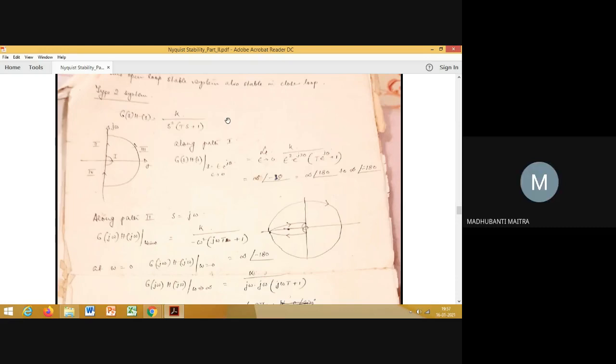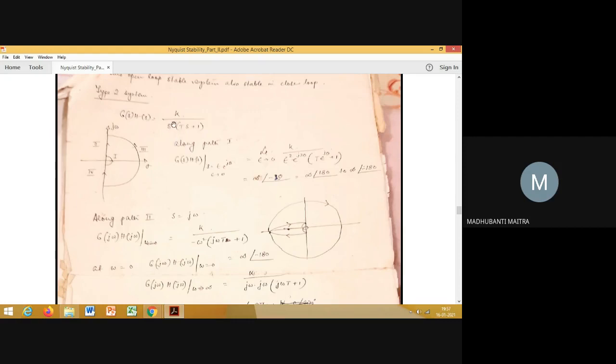Yes, ma'am. Write. So G j omega H j omega will be equal to K by j omega into j omega within bracket T j omega plus 1, bracket close. That will be the sinusoidal open loop transfer function, right? So in the denominator, we do have two j terms, right?